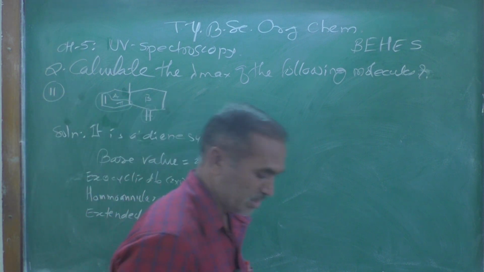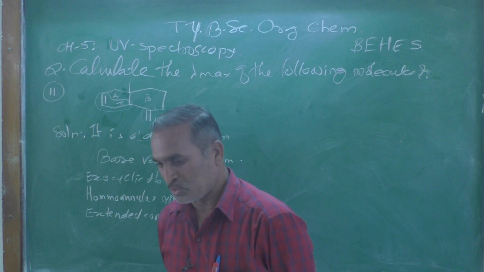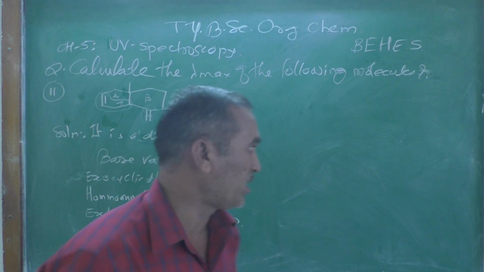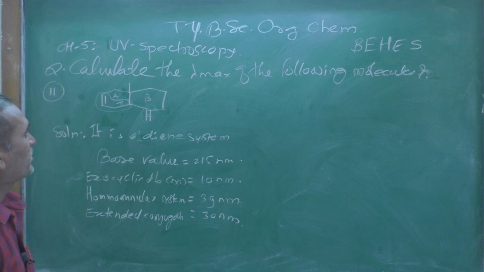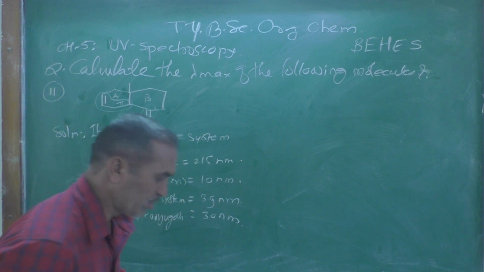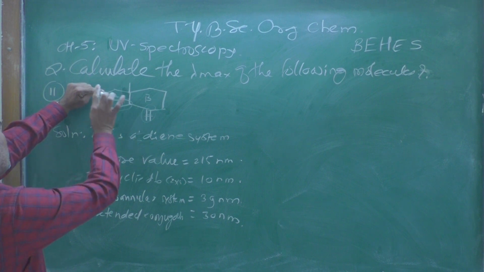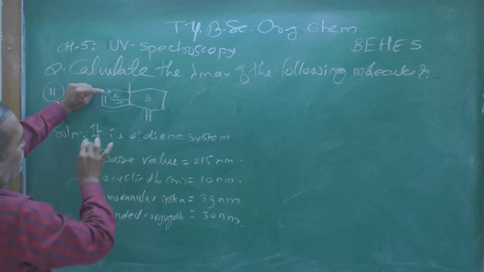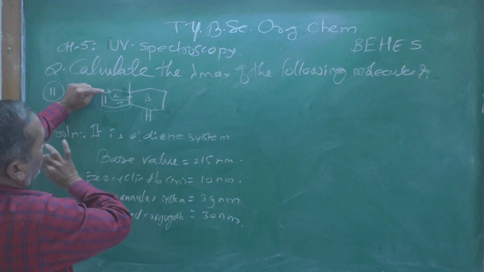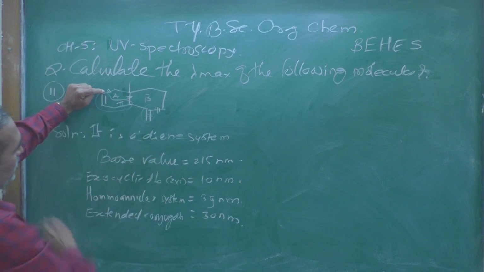Now the last letter, S, and as we know, S stands for substituent. How many substituents are there? Can you count here? If you start from here, you can clearly see there is one ring residue, meaning one substituent here, another here, then a third one here: 1, 2 and 3.